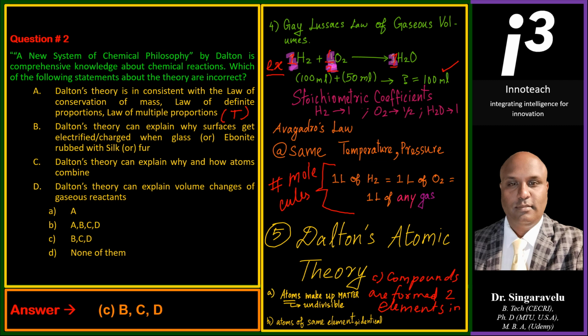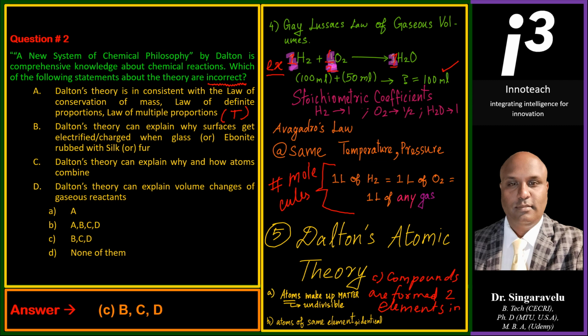But we were asked to find out which of the statements are incorrect. So we don't need to select A. Now let's look into B. Dalton's theory can explain why surfaces get electrified or charged when glass or ebonite is rubbed with silk or fur.